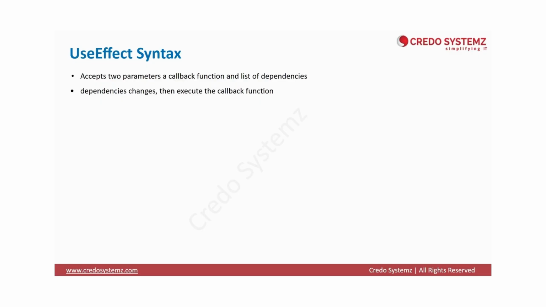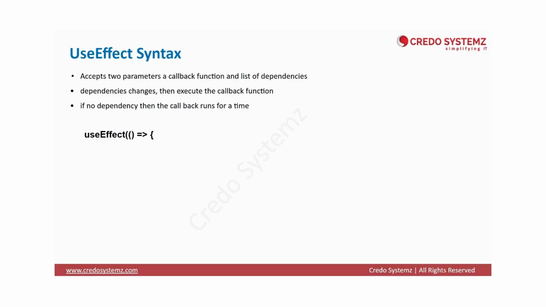Whenever there is a change in the dependency, the callback function gets executed. If the dependency list is empty, the callback function executes only once and nothing apart from that. So you just have to keep in mind, whenever you want the useEffect callback function to execute repeatedly, the dependency is supposed to be there. If the dependency is not available, it will not execute after one time.